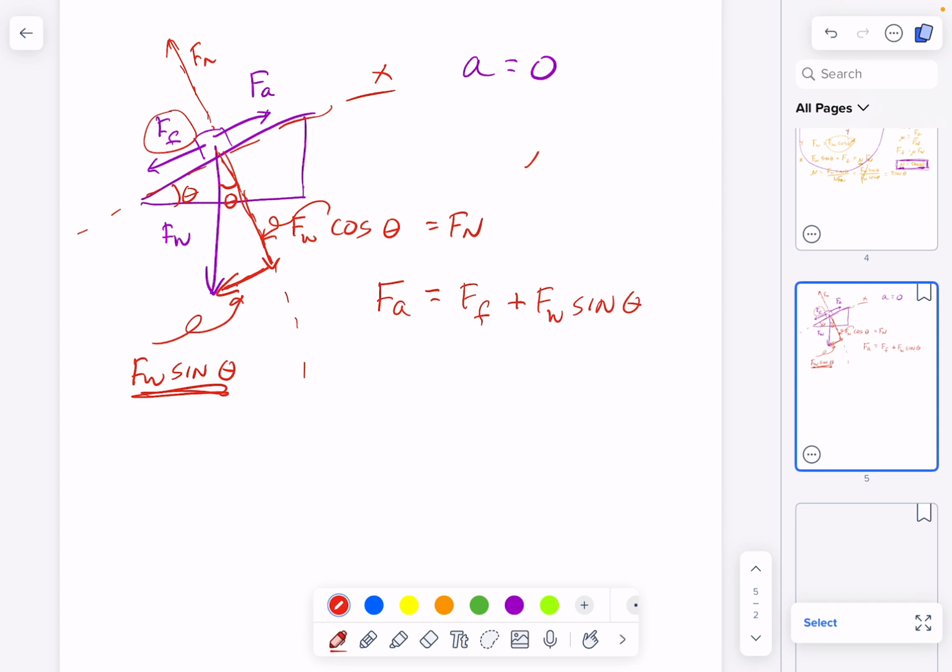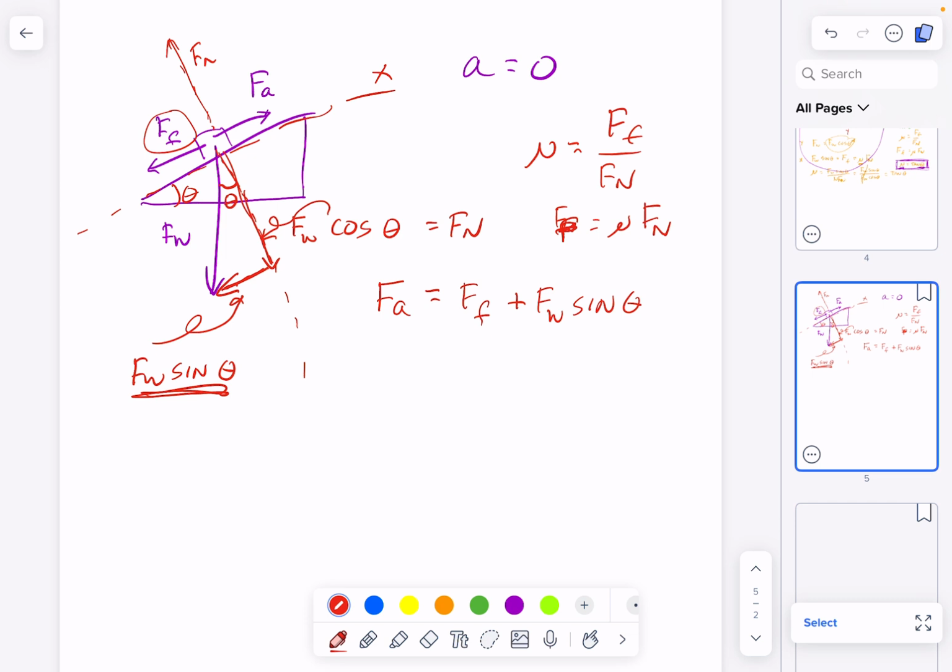Once again, we can remember that because we have friction, there's a mu, F sub F over F sub n, and therefore we can say that F sub F equals mu times F sub n.